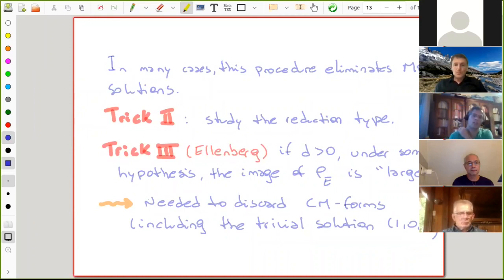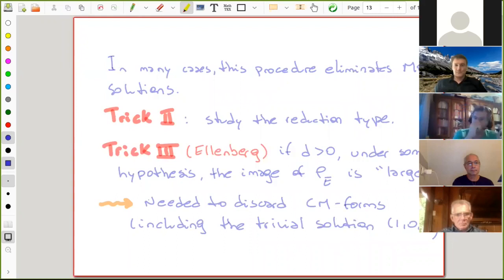And so here's a really nice result of Ellenberg, which tells you that, well, if your solution has the property that the value of C is divisible by some prime larger than 3, then you're in really good shape, and the image of your Galois representation is huge. It has to be really, really large.